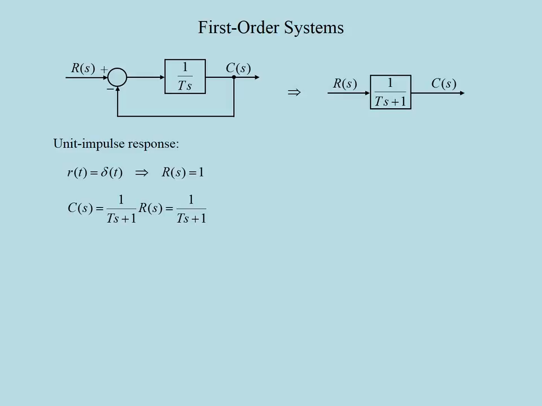Or we can also write it with a monic denominator polynomial as (1/T)/(s+1/T). Once more, the expression for the output in time domain can be obtained by inverse Laplace transformation. So if the input is a unit impulse, the output is a decaying exponential with the initial value 1/T.